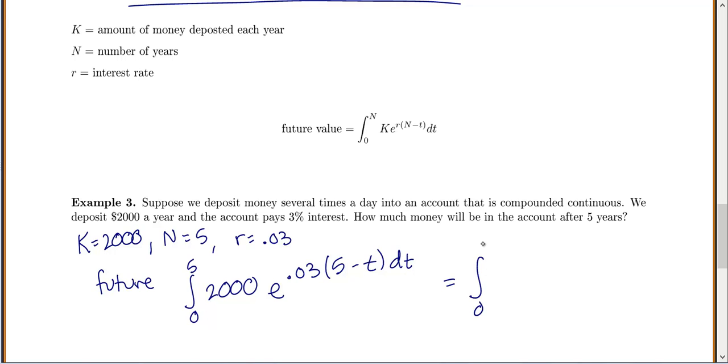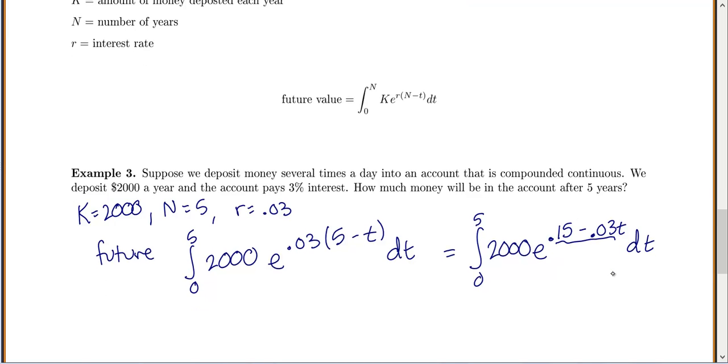So we're doing the integral from 0 to 5. Let's simplify a little bit. This is 2,000 e to the (0.03 times 5, which is 0.15, minus 0.03 t) dt. Now, when you look at this, have you ever integrated something exactly like this before?